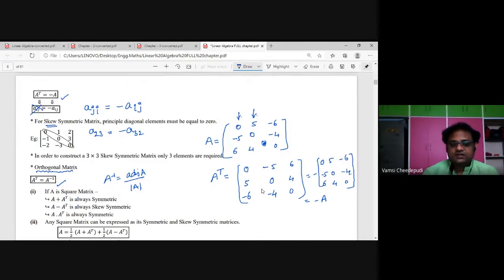Okay. Let us remember, if A transpose is A, then symmetric. If A transpose is minus A, then skew symmetric. And if A transpose is equal to A inverse, then it is orthogonal.